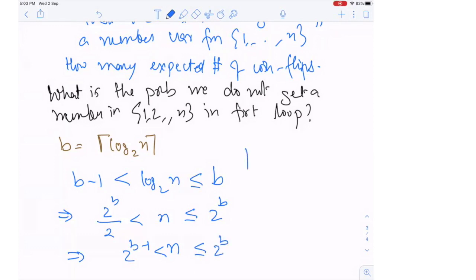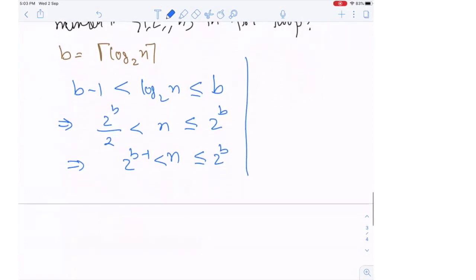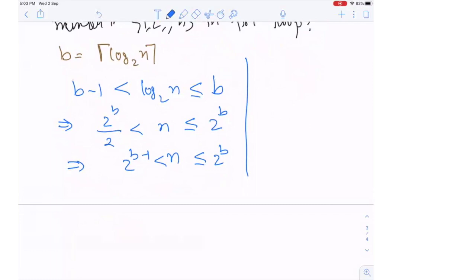So from here, we can say the probability that x is less than or equal to n is equal to n over 2^b, and this is greater than or equal to half.